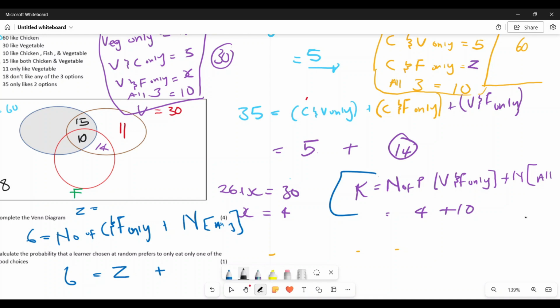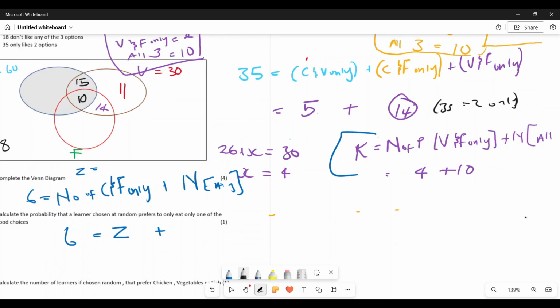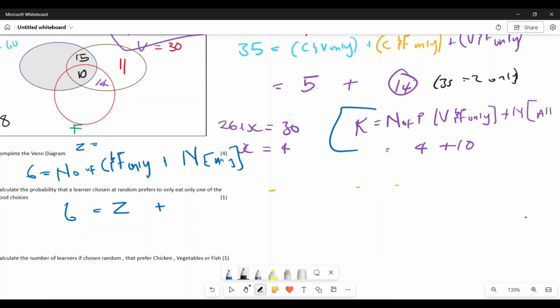Now the information is telling us that 35 people only like 2 options. They like 2 options only. So meaning that out of these 35 people, there will be those people who prefer chicken and fish only, plus chicken and vegetables only, plus vegetables and fish only.